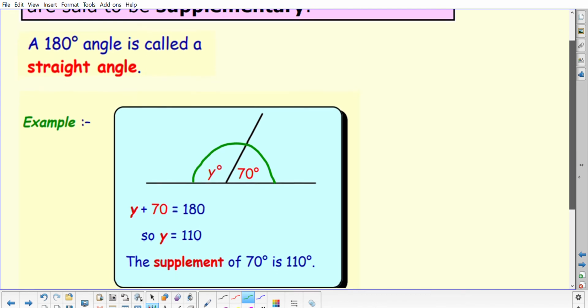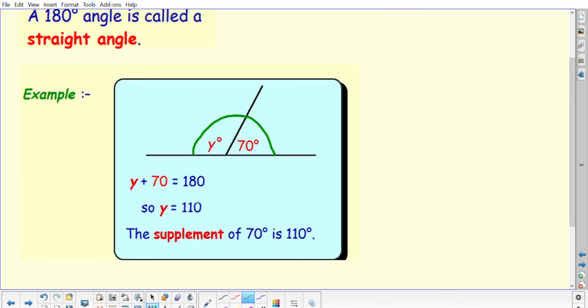So again, there's a new word for you, but the calculations that you're doing to work out any missing angles in this way is just about doing 180, take away the one that you already know, which in this case is the 70, that gets you your 110. So your 110 and 70 are the supplement of each other, or if you're asked to find, for example, the supplement of 50 degrees, then you do 180, take away 50, would be 130.